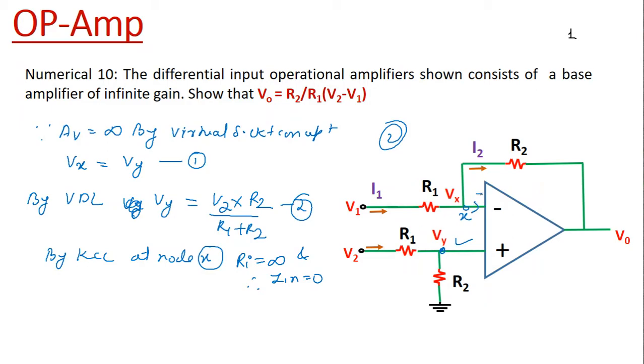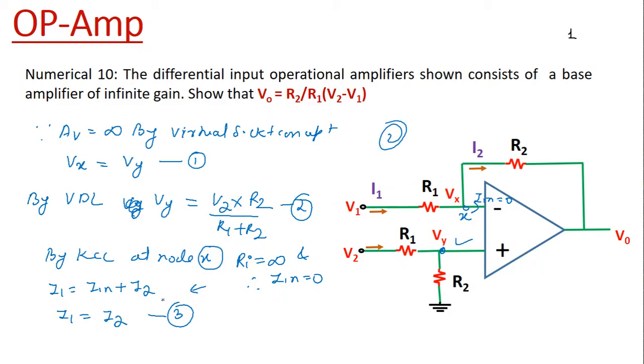So by KCL at node X, we get I1 is equal to In plus I2. Since In is equal to 0, I1 will be equal to I2. This is our equation number 3.